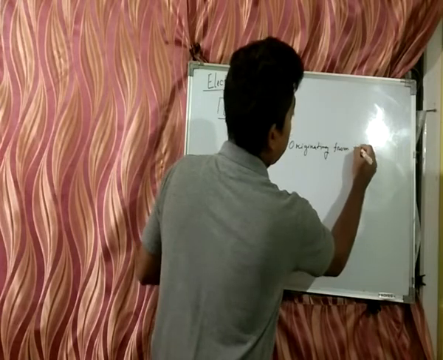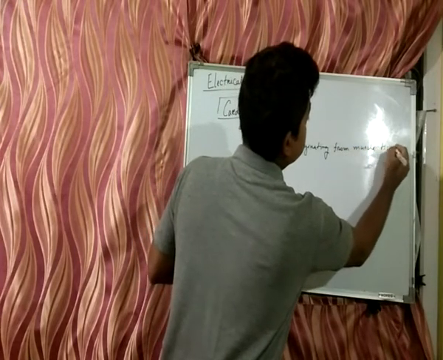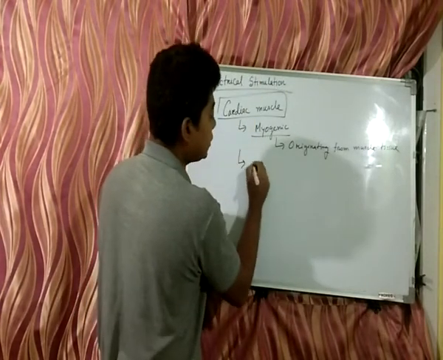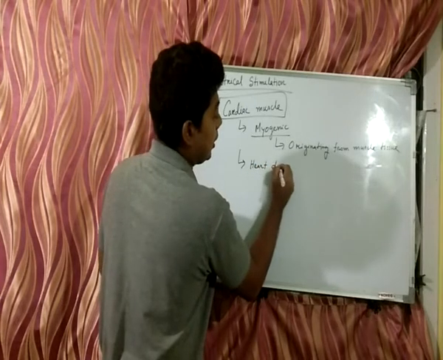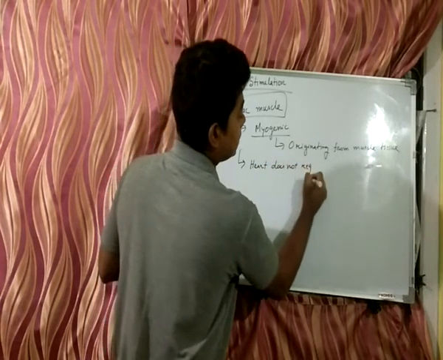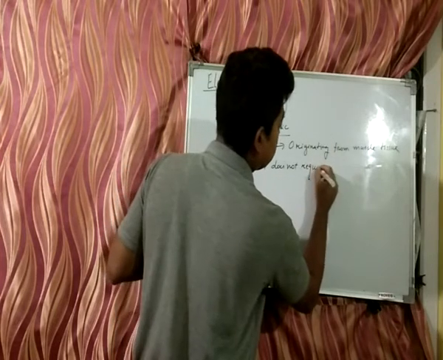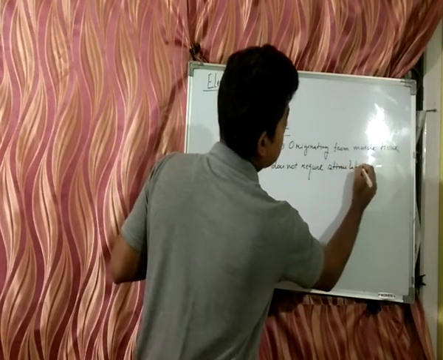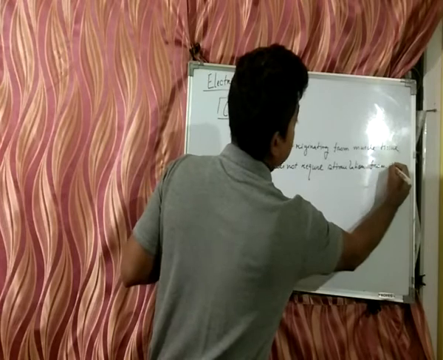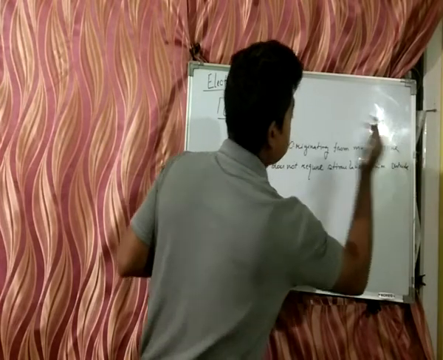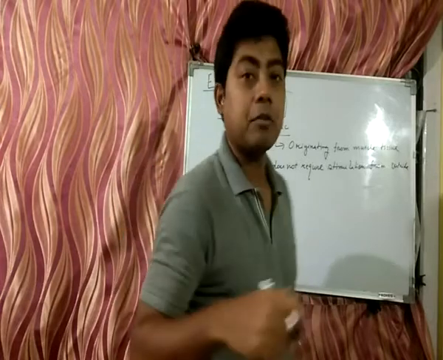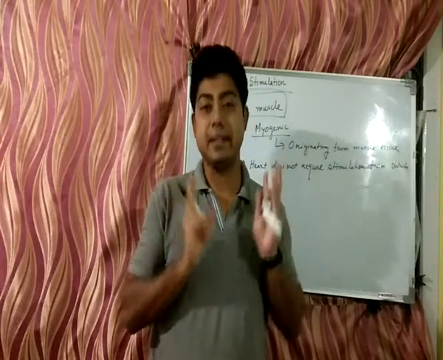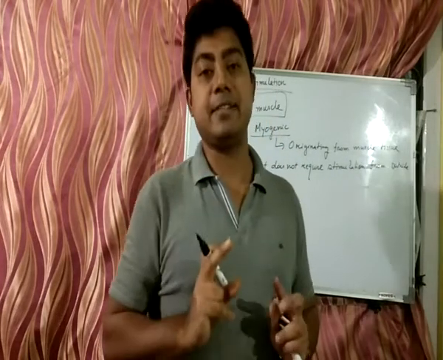And the heart does not require stimulation from outside. They can generate their own action potential. That's why it is called myogenic in nature.